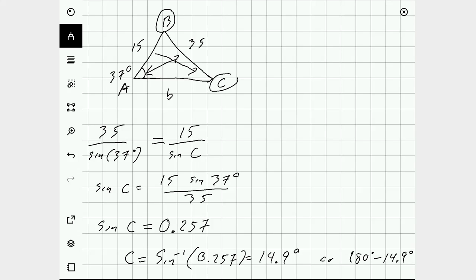That hasn't come up in what we've talked about with right triangles, because right triangles don't have obtuse angles in them. This is only a thing that will happen with sine. Cosine has a different problem that comes up that we'll be talking about a little bit later. But we have to check this. What is 180 degrees minus 14.9 degrees? In this case, that's 165.1.